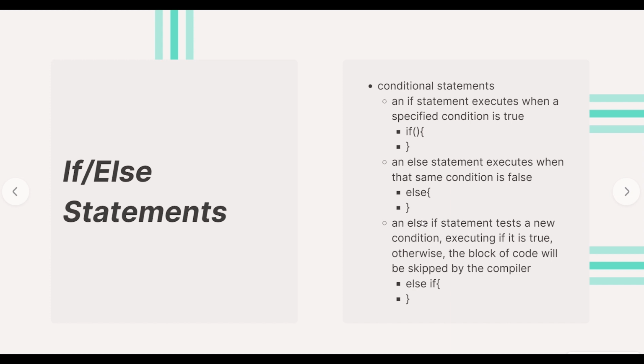Or you can also use an else if statement, which tests an entirely new condition, and it first checks the if statement. If that's not true, it will go to the else if statement, and if that's true, it will execute the block of code that you have entered. Or if it's not true, the compiler will skip those lines of code.